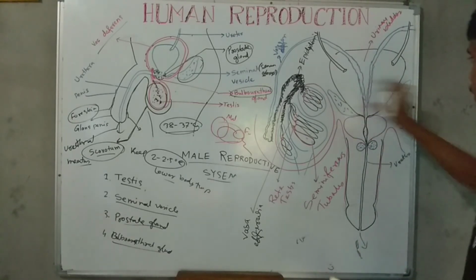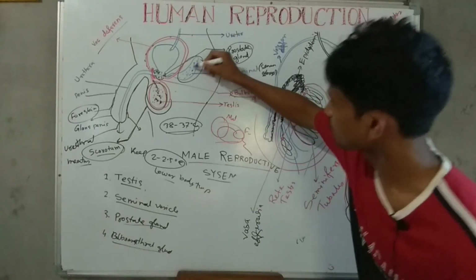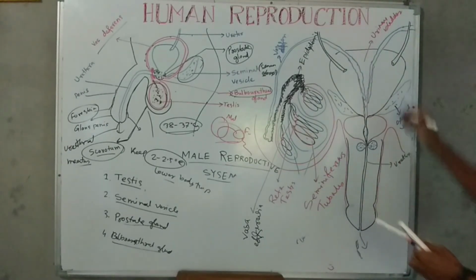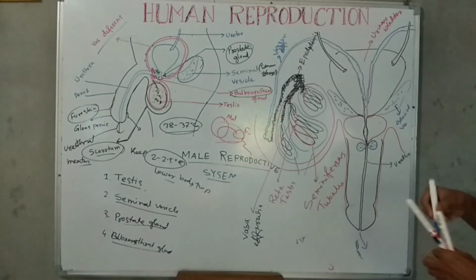Here is one pair of seminal vesicles, in blue color. Then comes the prostate gland, in red color.